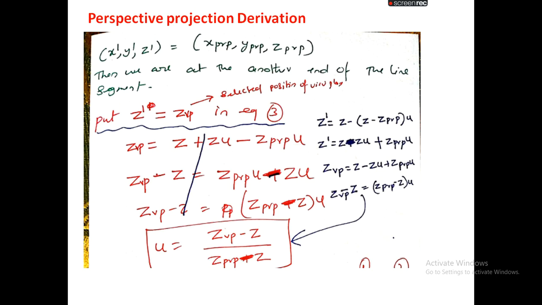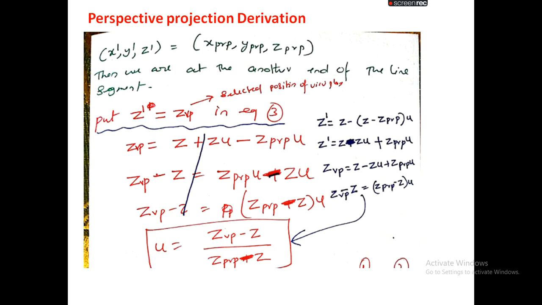Now, what is our aim here? Our main aim is to determine the projection coordinates of the point P on the view plane. We also know that we are viewing that particular object about the z-axis.